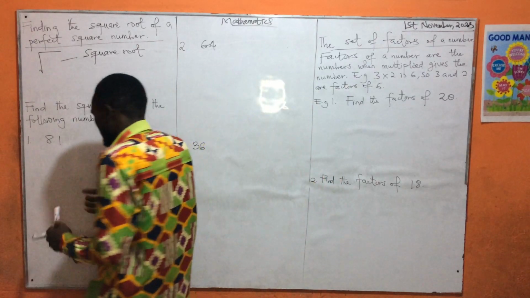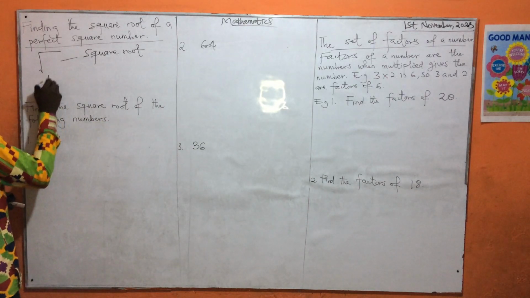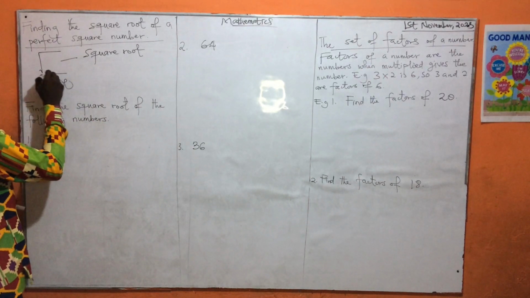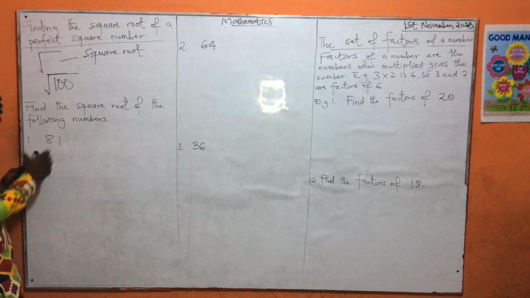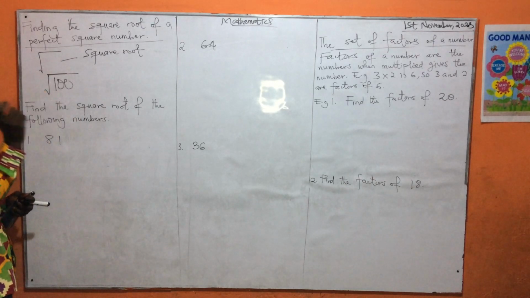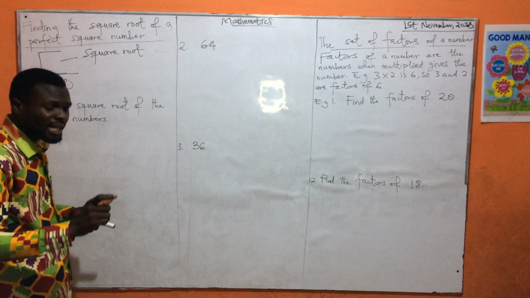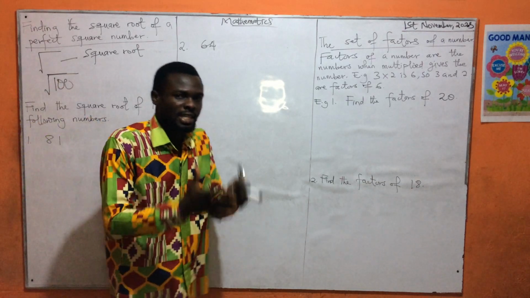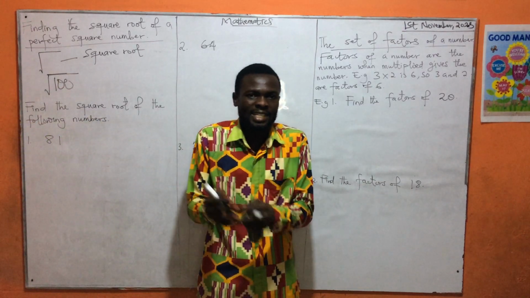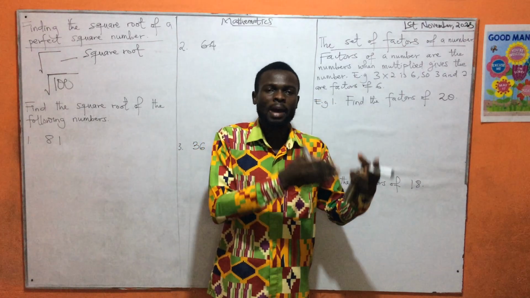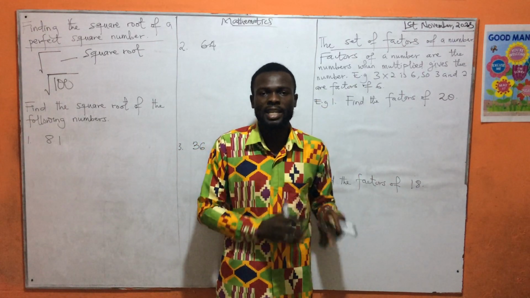So if I take the square root of 100, first of all, I should be able to determine that 100 is a perfect square. It is a perfect square because it is the product of an integer by itself, or it is the square of an integer.